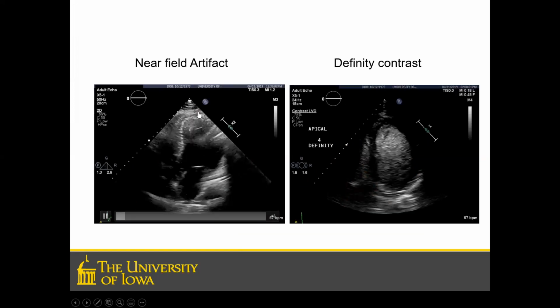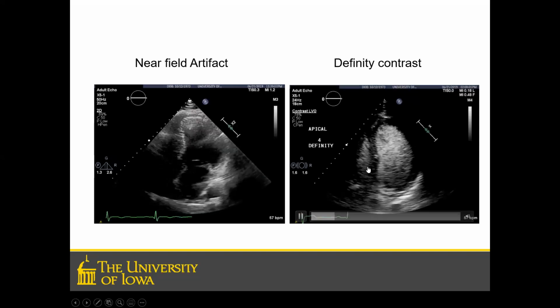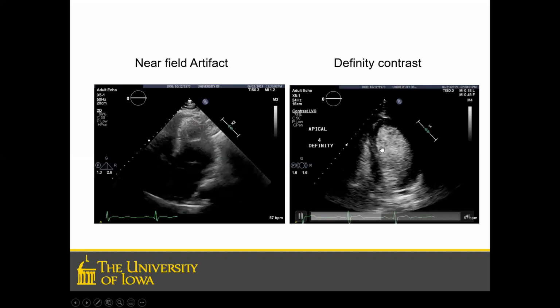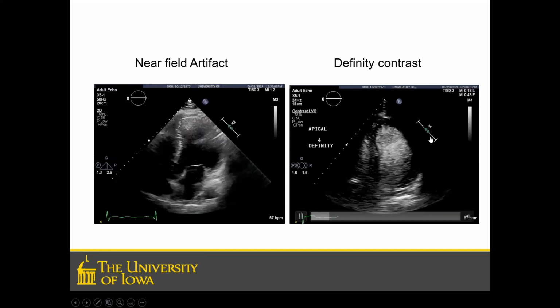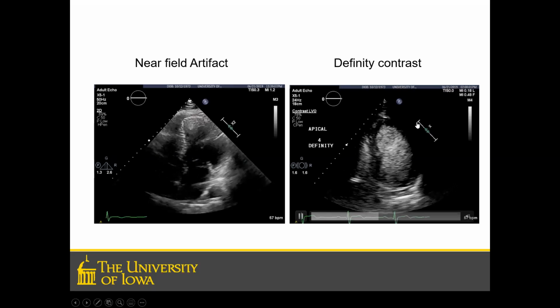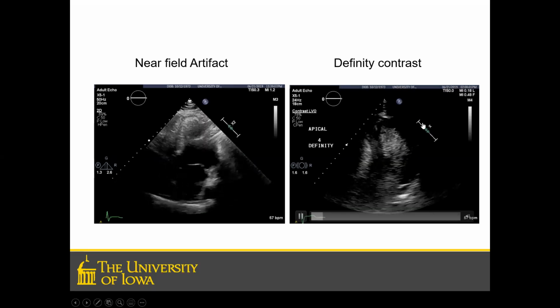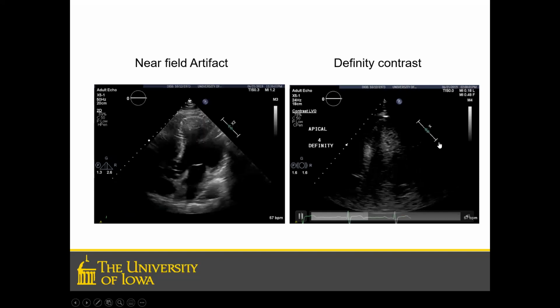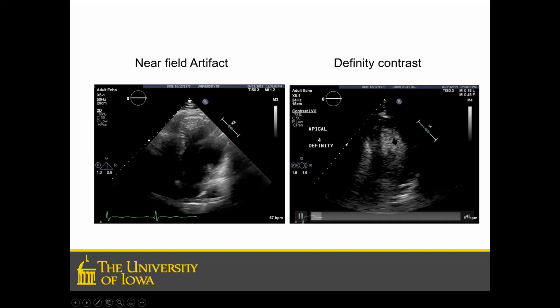So here is that near field artifact, okay? And then with contrast, a couple of things about contrast without having a full contrast talk. This one, they have moved the focal zone up, but this one was done a few years ago. We try to keep the focal zone down here when we put contrast in.